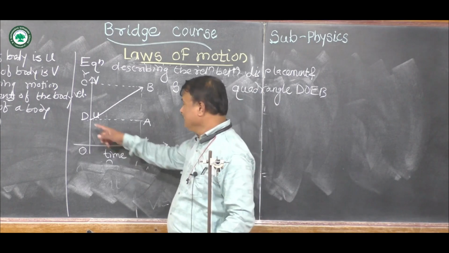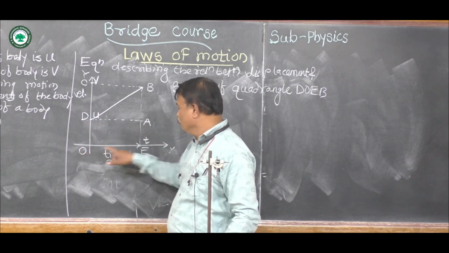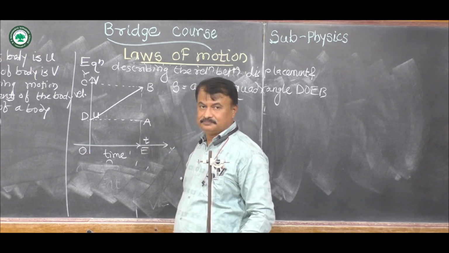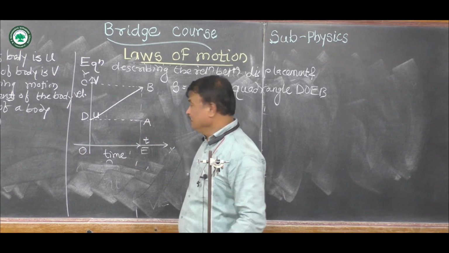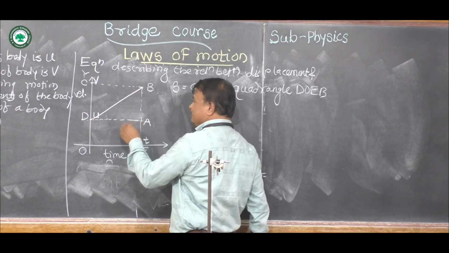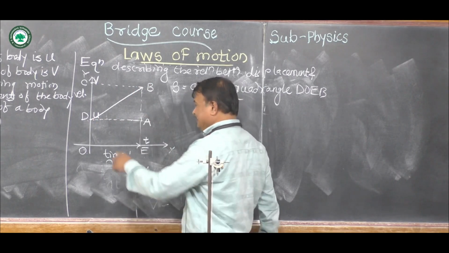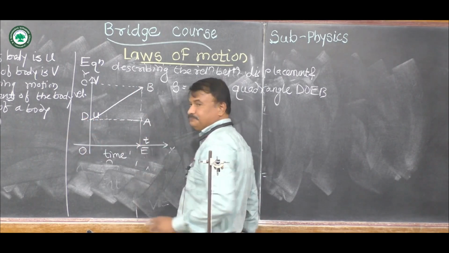Means we have to find out the area of this quadrangle DOEB. For finding the area of this quadrangle, we consider here one triangle DAB and one rectangle DOEA.